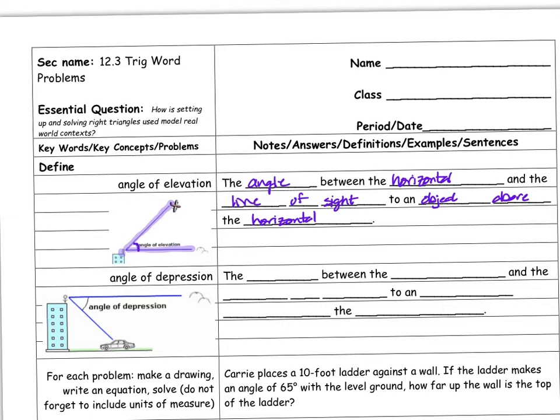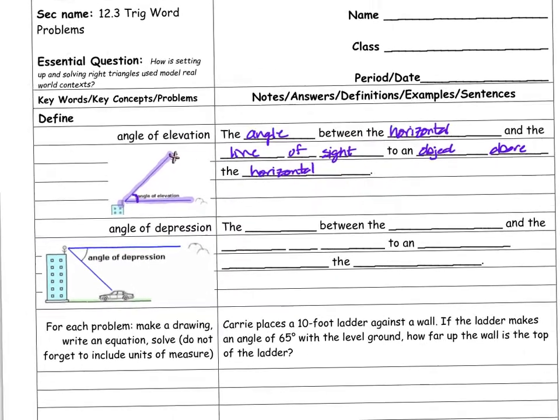Sometimes in the story problems they're talking about the elevation to the sun. Well, that's from your eyes looking up to the sun, or pretend your eyes are on the ground and it's a shadow looking up. We're going to talk about that a little bit in a few of the problems. So that's angle of elevation.